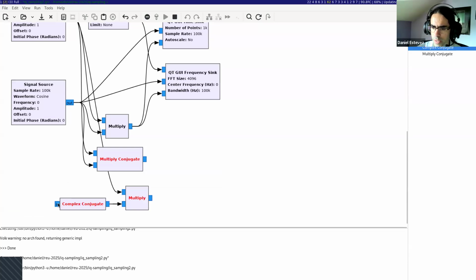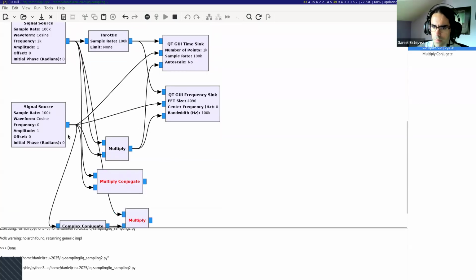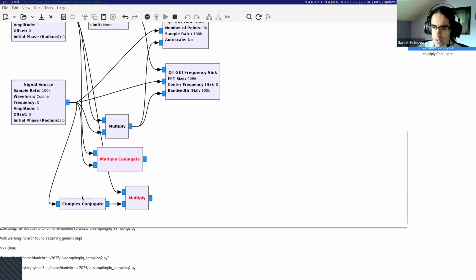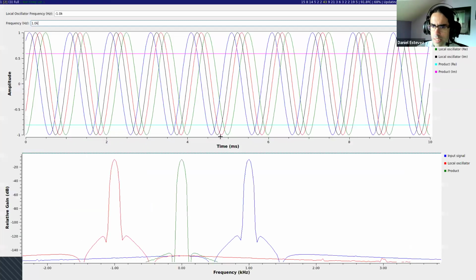So either way you do it, it's easier to do it with a multiply conjugate. You are taking the frequency of this one, taking the frequency of this one, but with the minus sign, because the effect of the complex conjugate is to flip everything in frequency. So it inverts the sign of the frequencies. And so you do not need to remember that you need to use a minus sign in here. That's the way that it's normally done in practice.